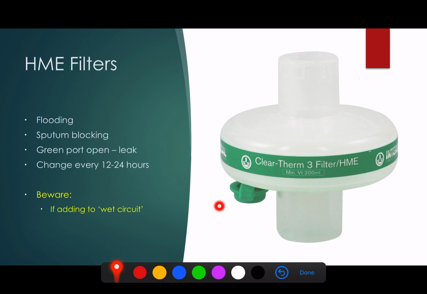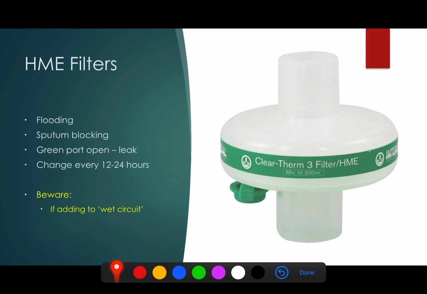This is generally what these look like, and you have to be very careful about using these for long periods of time. These can fill up with sputum or with lots of fluid if the patient has got a lot of insensible loss of water through their respiration, and so you can get flooding in these. The first signs that you might be getting into these problems is that the patient's peak pressures or plateau pressures start to just slowly go up and up and up.